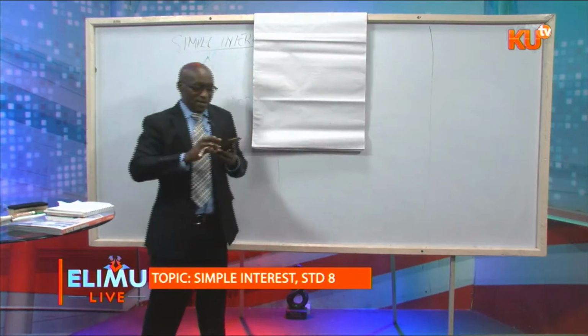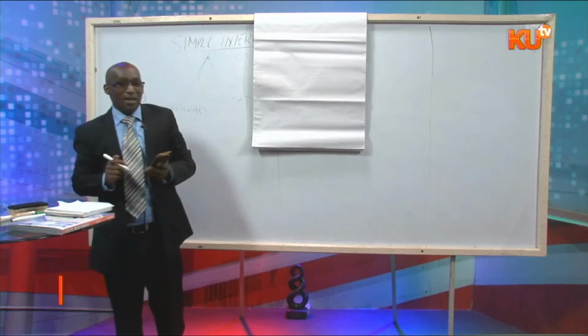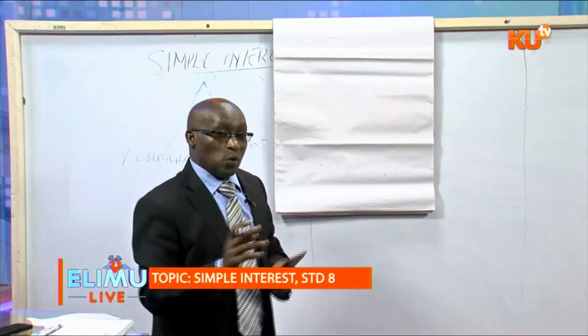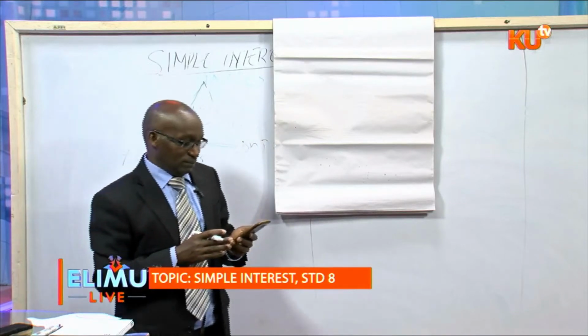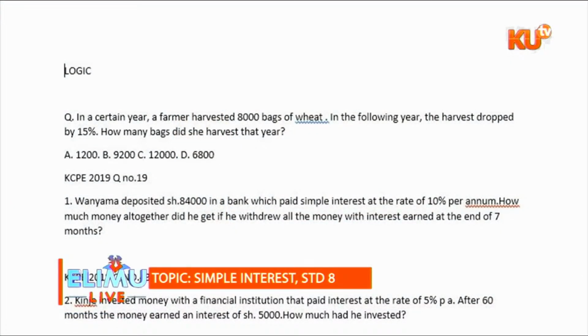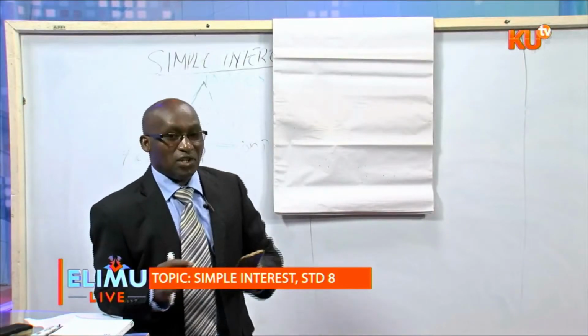Remember, that question was tested in KCPE last year. That was question number 19. And the year before, a question to do with simple interest was also tested. Let's look at question number 2.